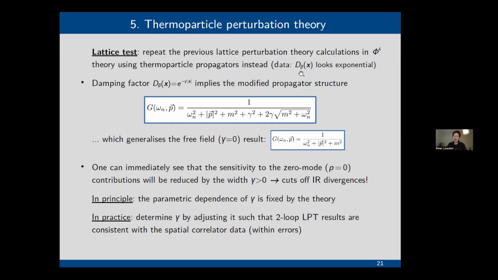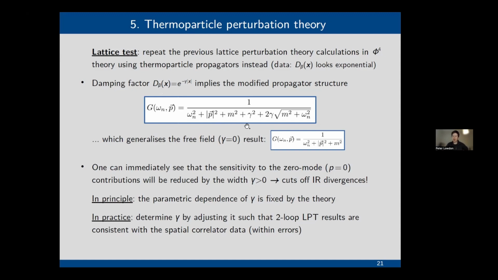What we do here is we fix the form of the damping factor from the correlated data. You can determine the functional form of your damping factor from the form of your correlated data. And what we find is that it is consistent with a purely exponential form. That means that our Euclidean propagator has this structure.